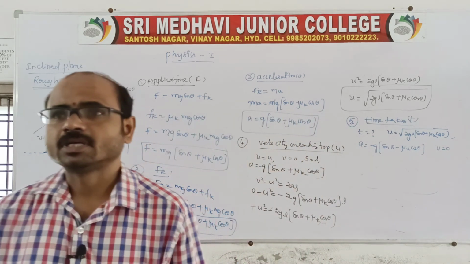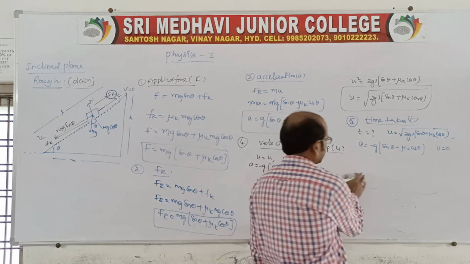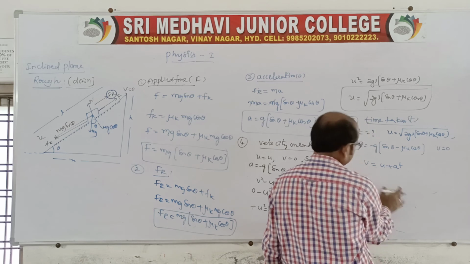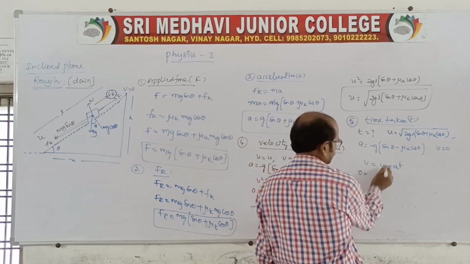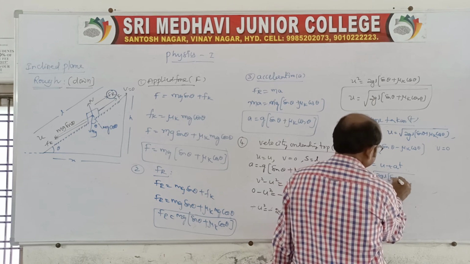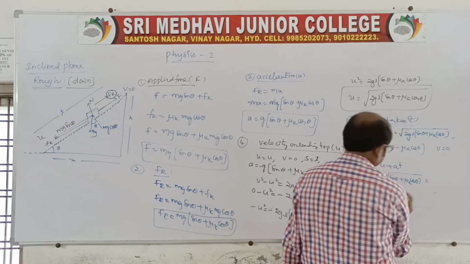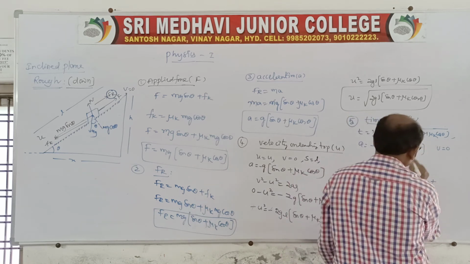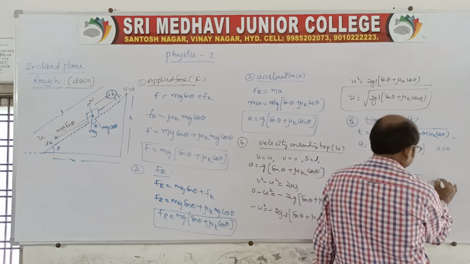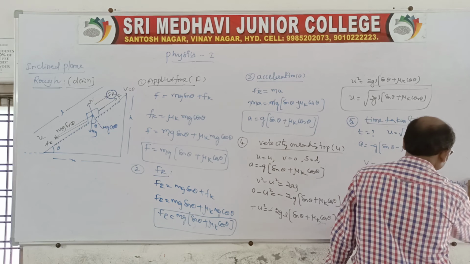So we know the expression related to this: v is equal to u plus at, the equation of motion. See, v is 0, u is given as root over 2gL within the bracket sin theta plus mu k cos theta, plus, a will be minus, because a is equal to minus g within the bracket sin theta plus mu k cos theta, into t.